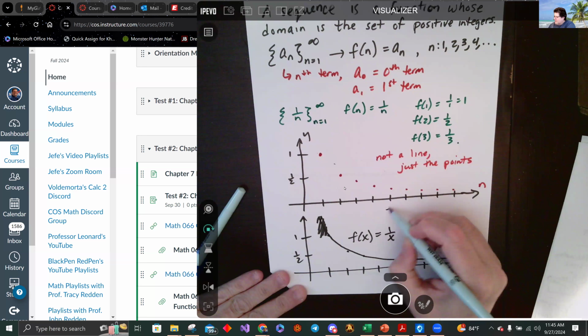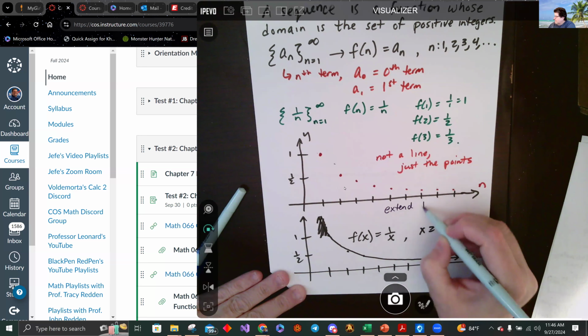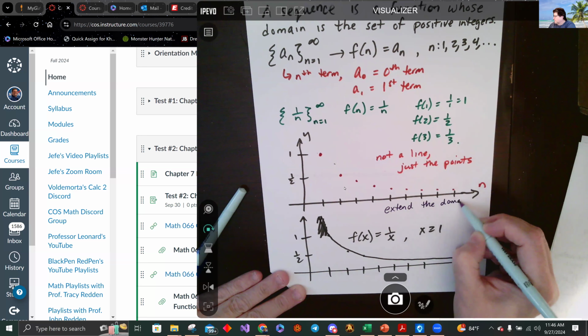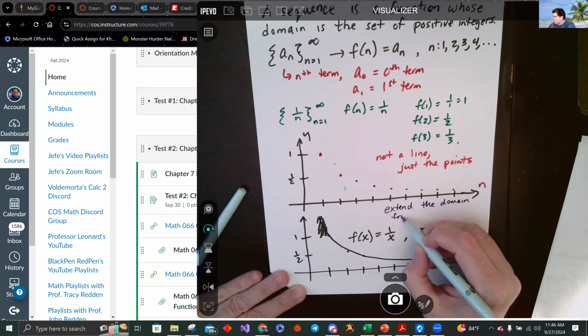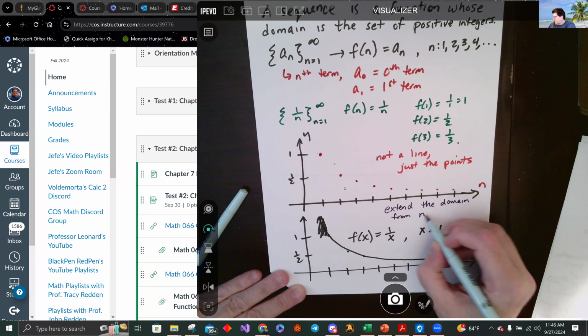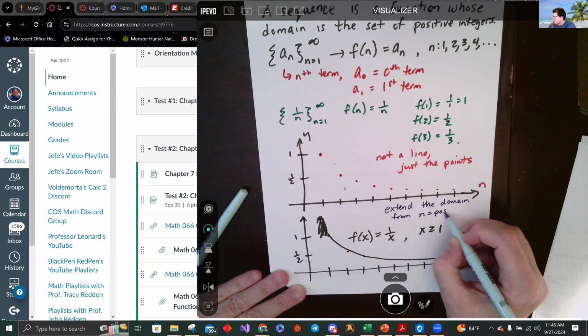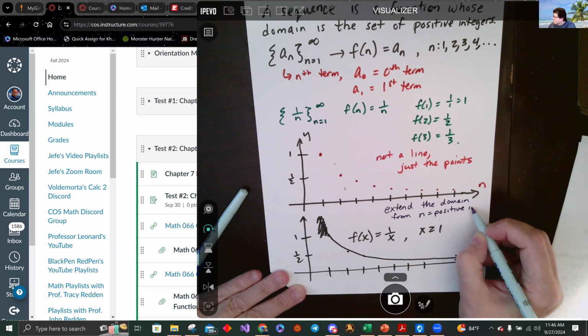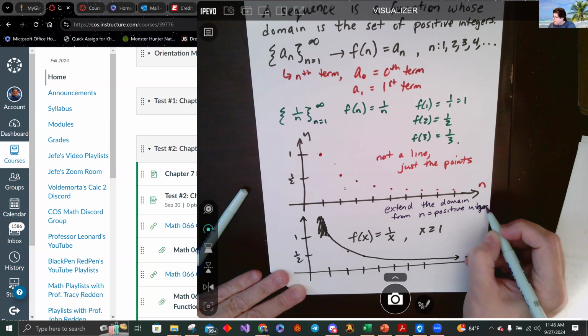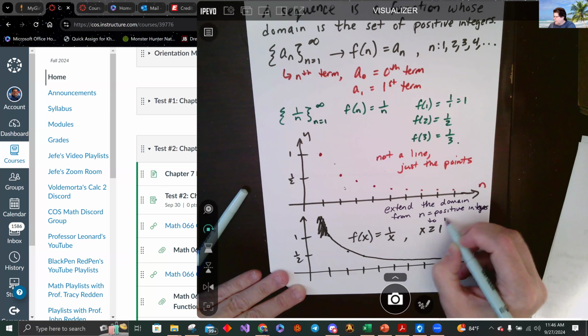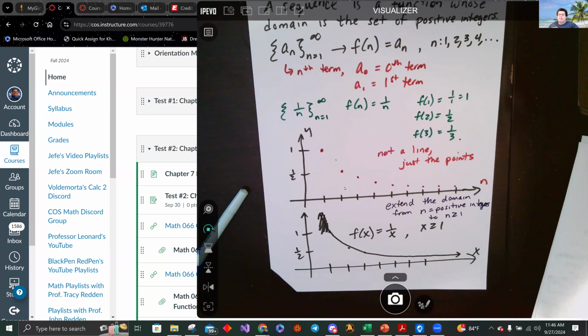We can extend the domain from n being positive integers to n greater than or equal to 1.